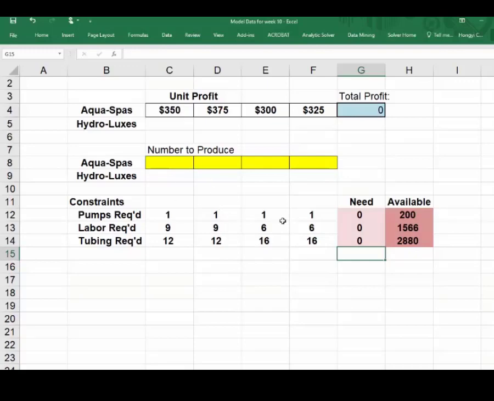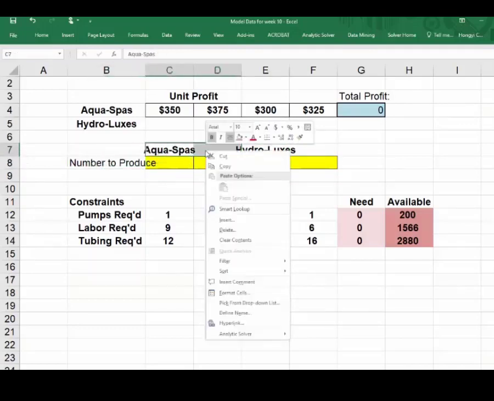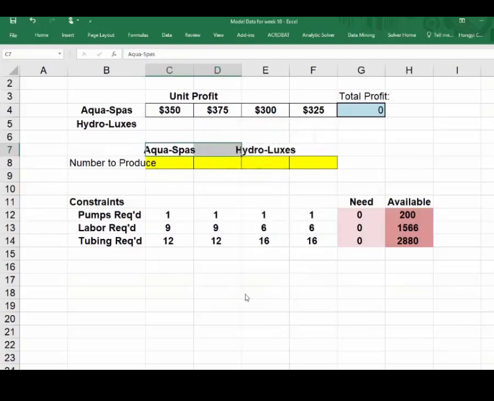You see, when we move to this way, what we want to do is to just move the number to produce to here. So those represent the number to produce, and then the first two will represent the bus, and these two are hydrolysis.